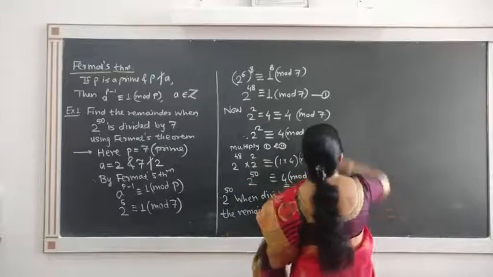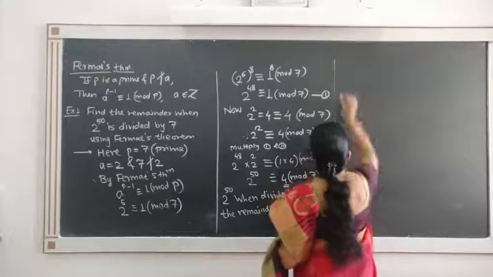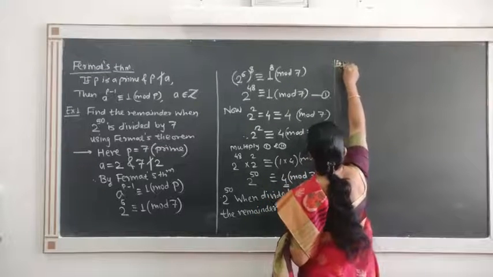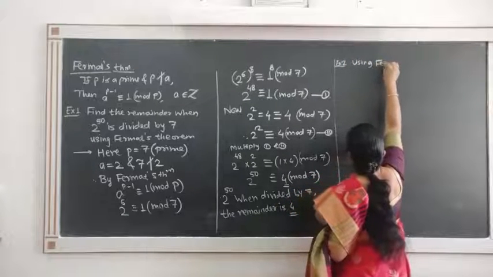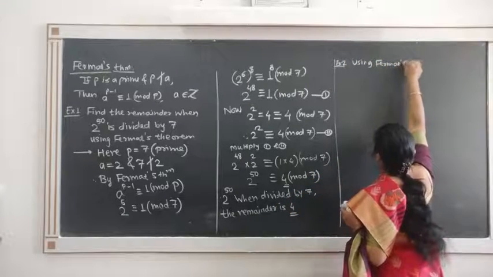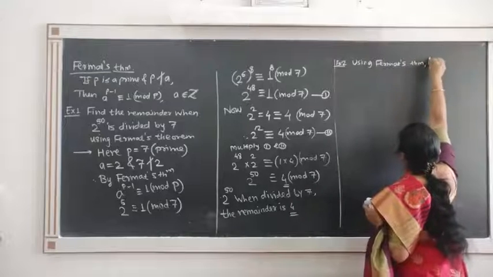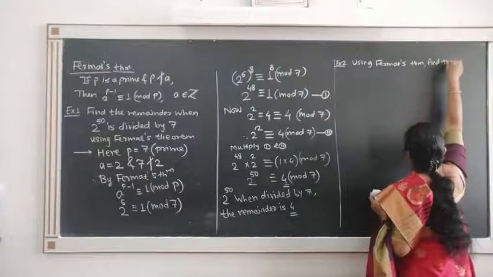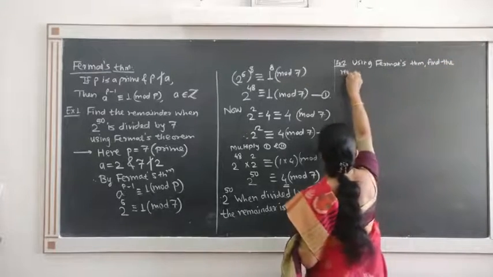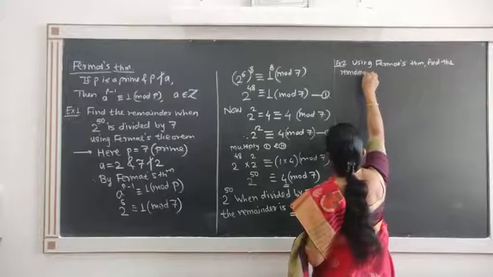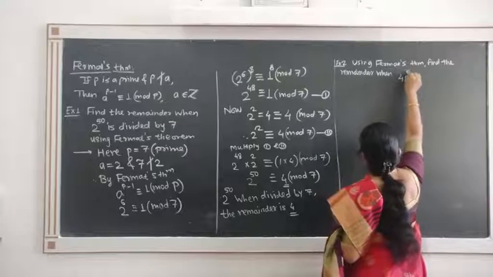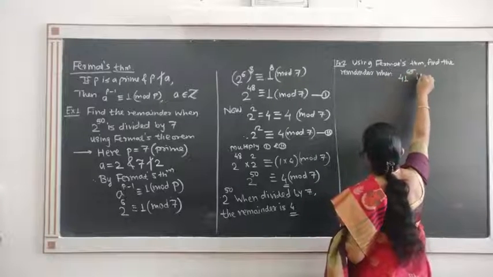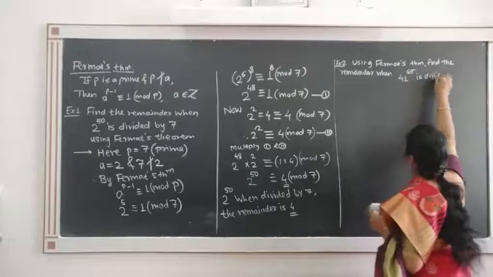Consider the next example. Using Fermat's theorem, find the remainder when 41 raised to 65 is divided by 7.